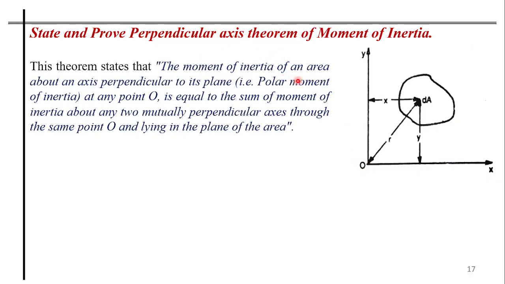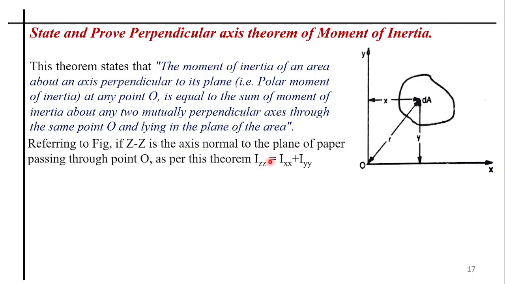Okay, so the moment of inertia of an area about an axis perpendicular to its plane is equal to the sum of the moment of inertia about two mutually perpendicular axes through the same point and lying in the same plane of the area. So Izz is taken as Ixx plus Iyy. How? So the distance I am considering as r.